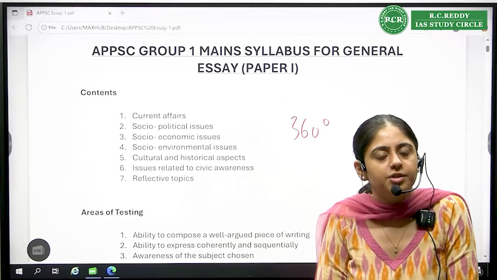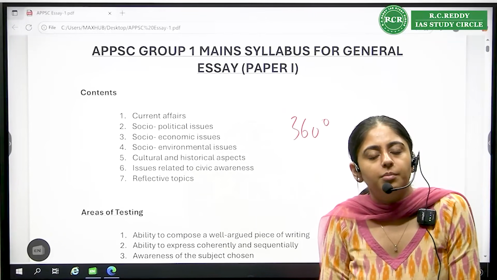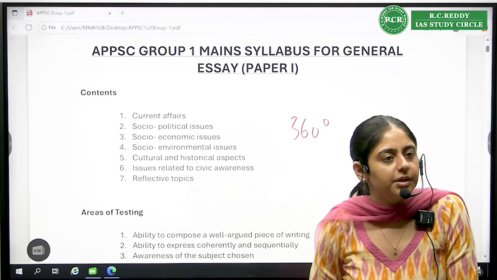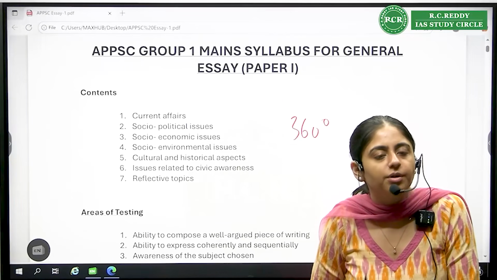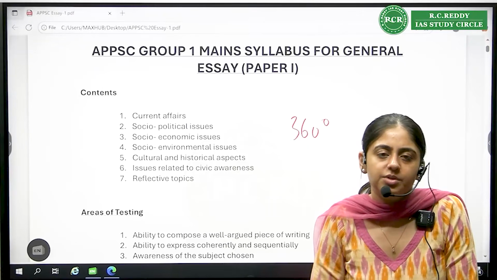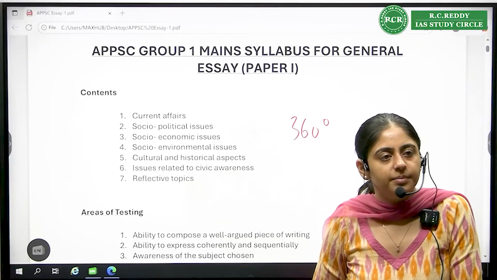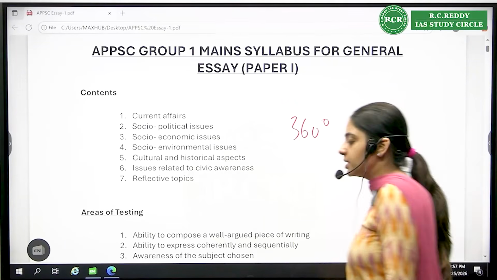Right? There will be repetition of areas also. So now here you can choose that, okay, I'm good with polity or I'm good with environment issues. Do you have substantial knowledge about that in depth? And anyhow, if you're doing well with GS preparation, you will have knowledge here too. Right? So have proper knowledge about the subject chosen.